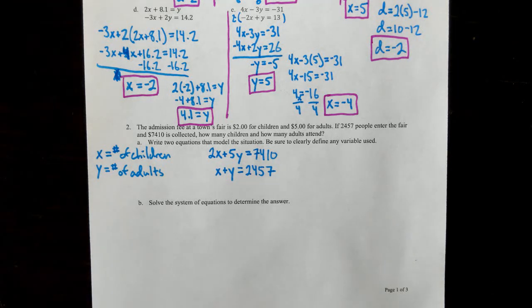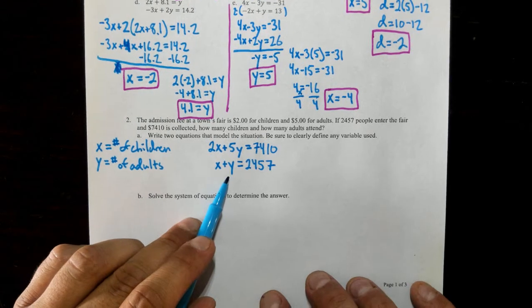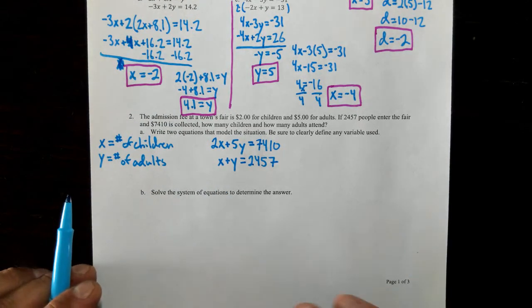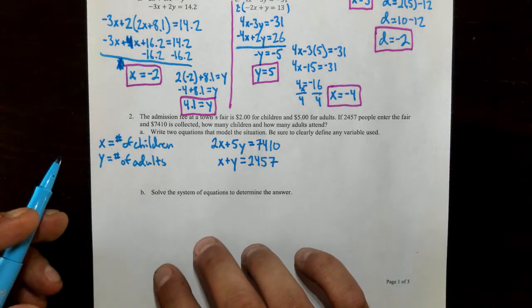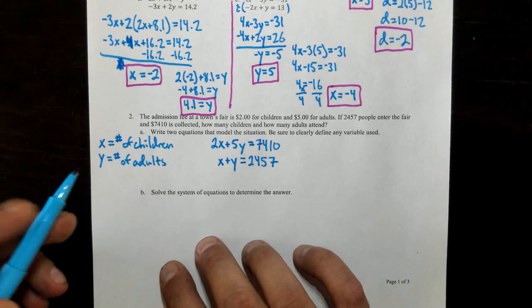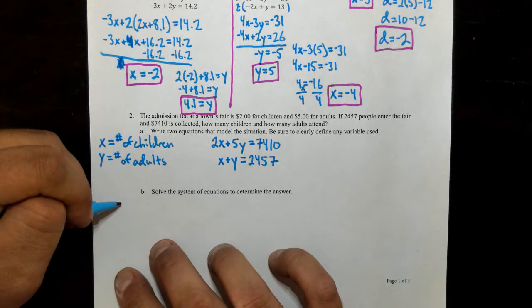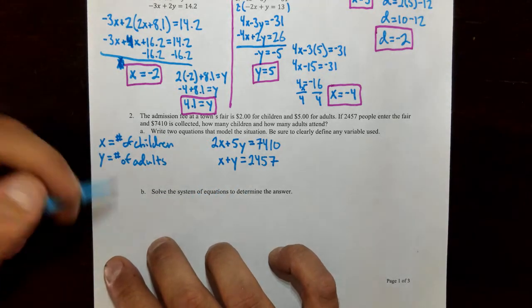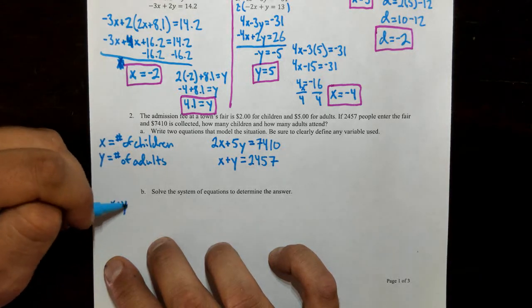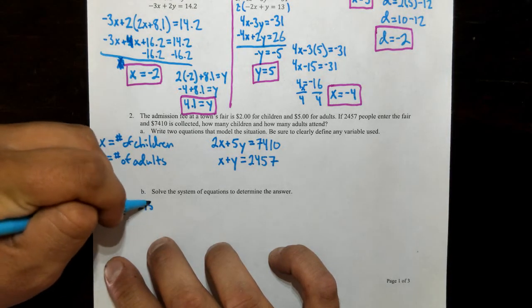Let's now solve this system. I'm just going to use substitution here. This bottom equation looks pretty easy for me to work with, so I'm going to solve for y. X plus y equals 2,457.